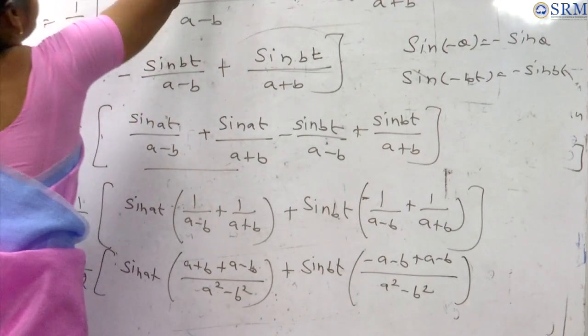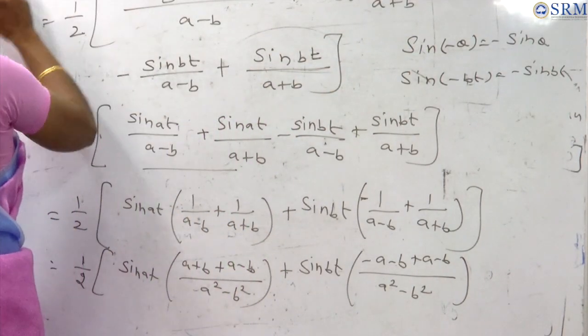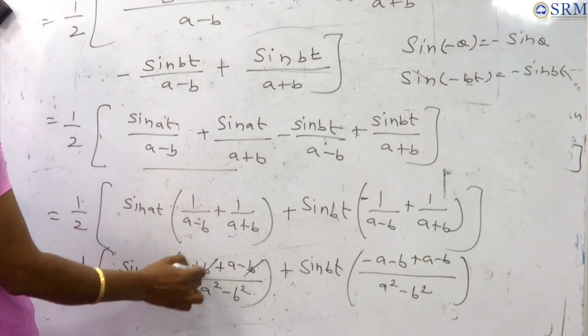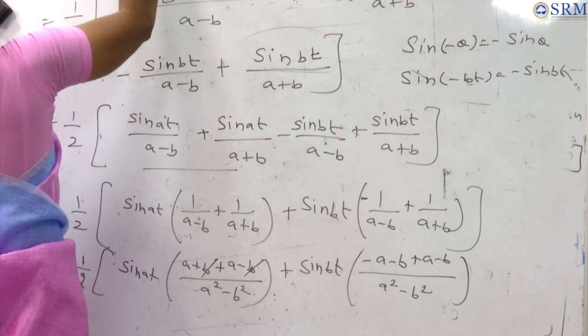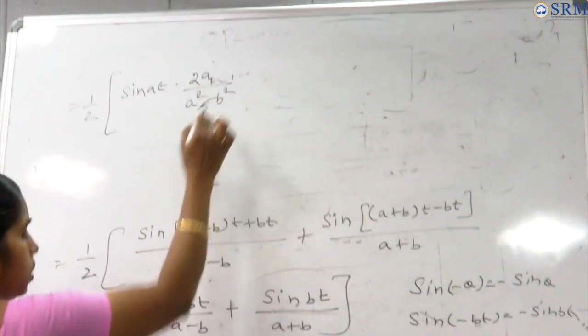So 1 by 2 sin at, the 2 cancels, 2a sin at divided by a square minus b square.